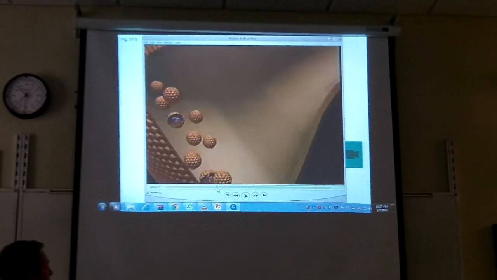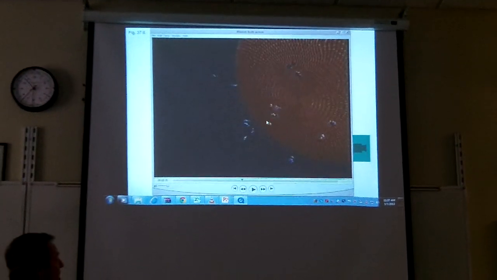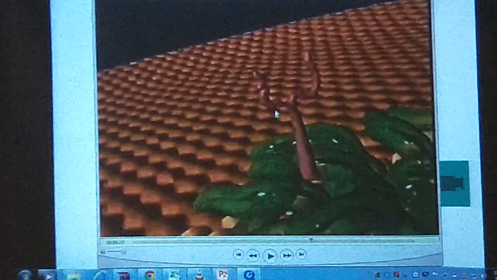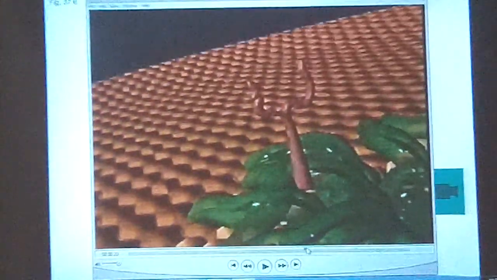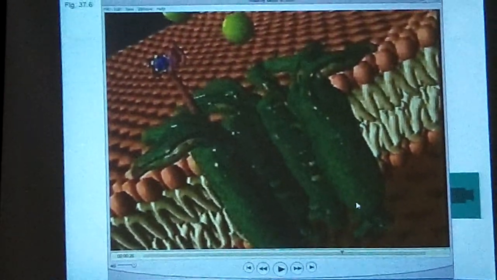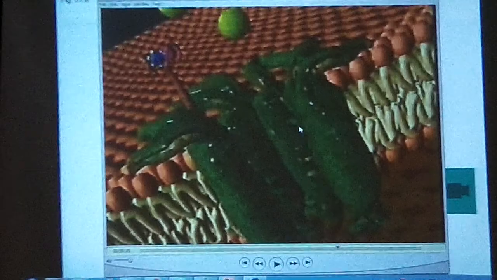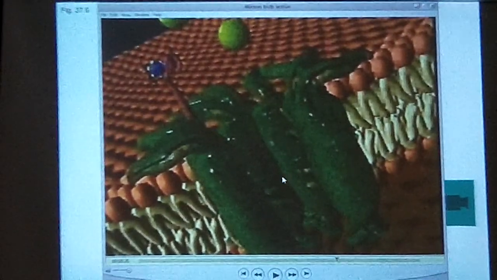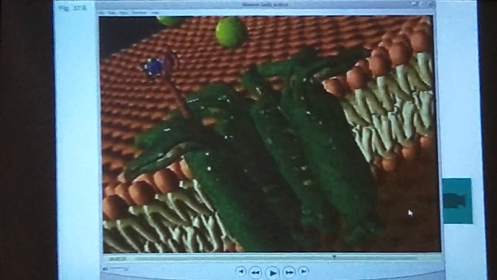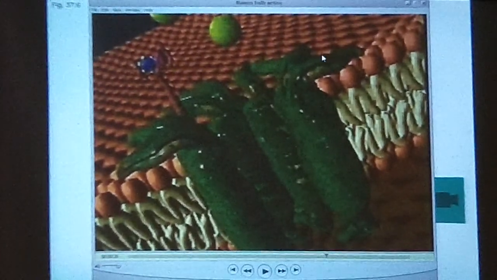The neurotransmitter is released into this space, and those molecules will just float around until they happen to bind with this protein receptor. Once they bind with this protein receptor, sodium will then rush in. Is that a gate? This is a sodium channel, that's correct. It allows sodium to rush in, and potassium will go out, and we'll start a new signal in the next neuron.